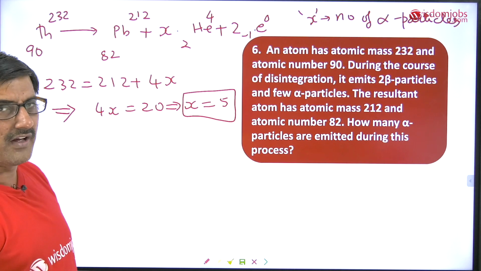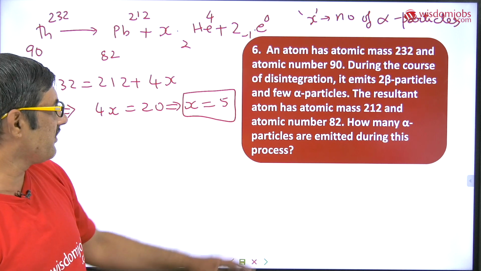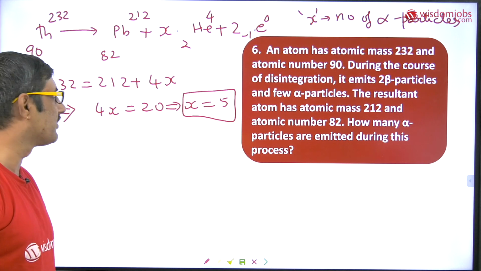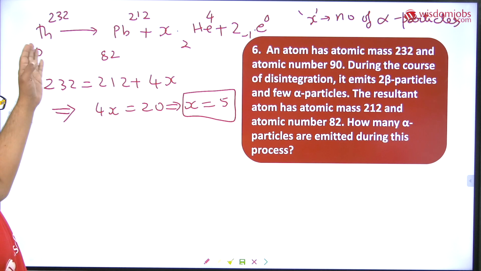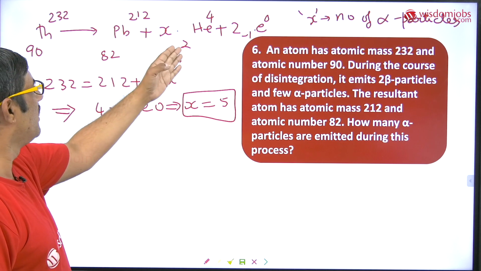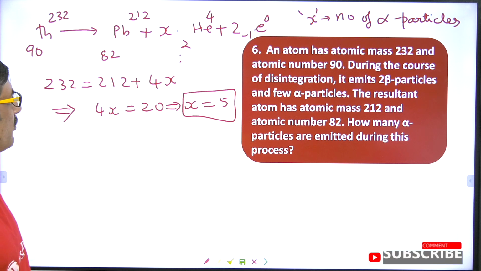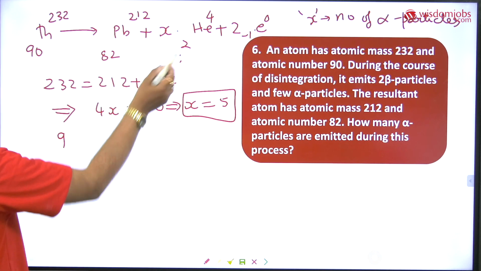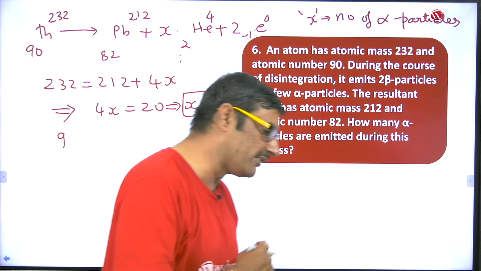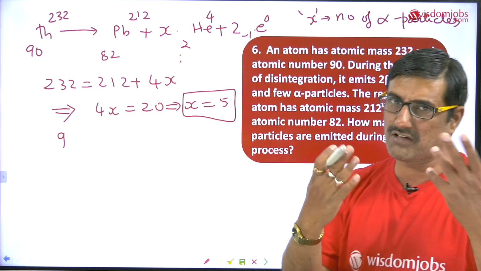How many alpha particles are emitted? It is 5. Of course the other equation will also tally. So 90 is equal to 82 plus 10 minus 2. If you compare the atomic numbers also, the equation will be solved.